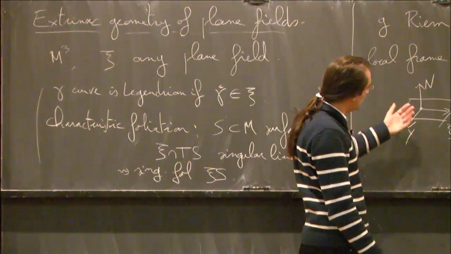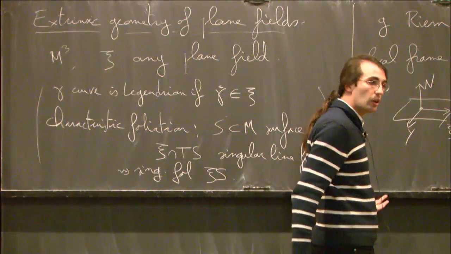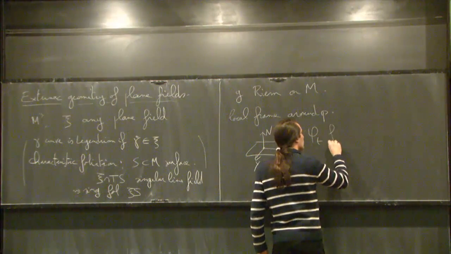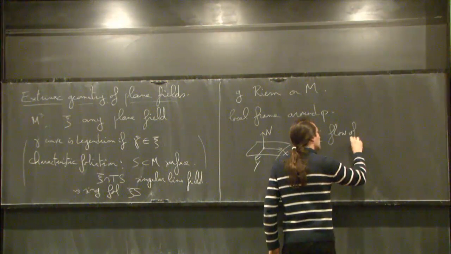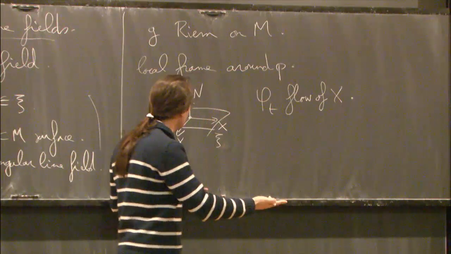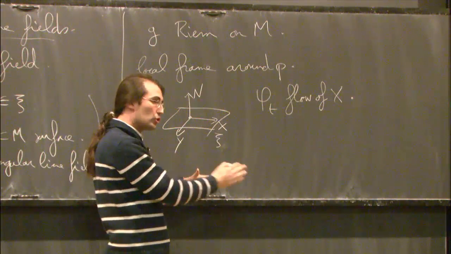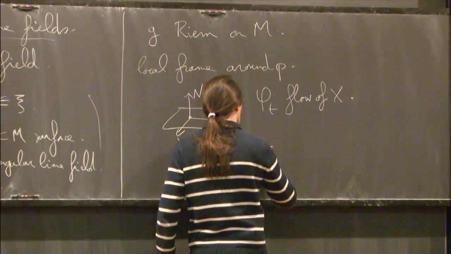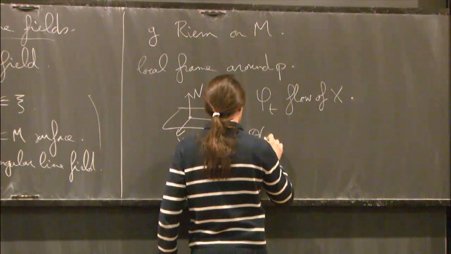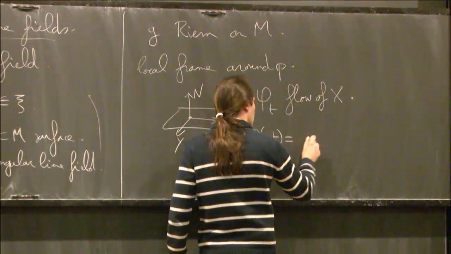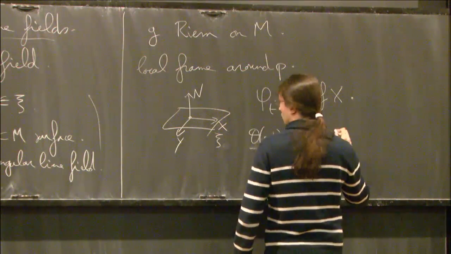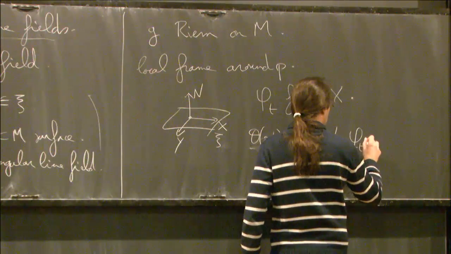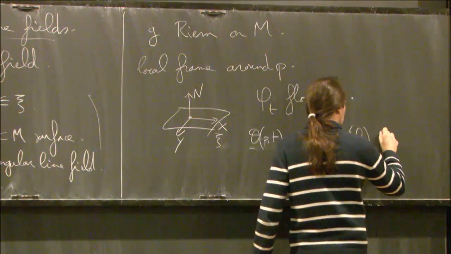And what does it mean that psi rotates along a Legendrian vector field? It means that if you take phi t, the flow of x, say, and you look at what the contact structure does along the flow, you measure the angle, say theta of p and t, between n and phi minus t push forward y.